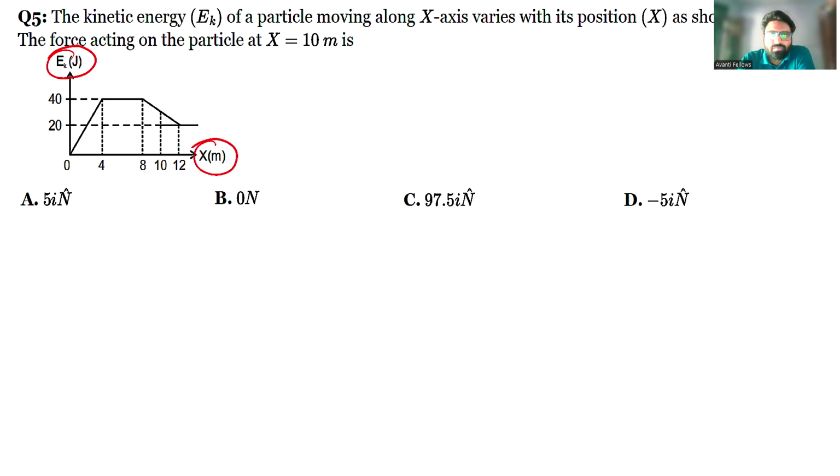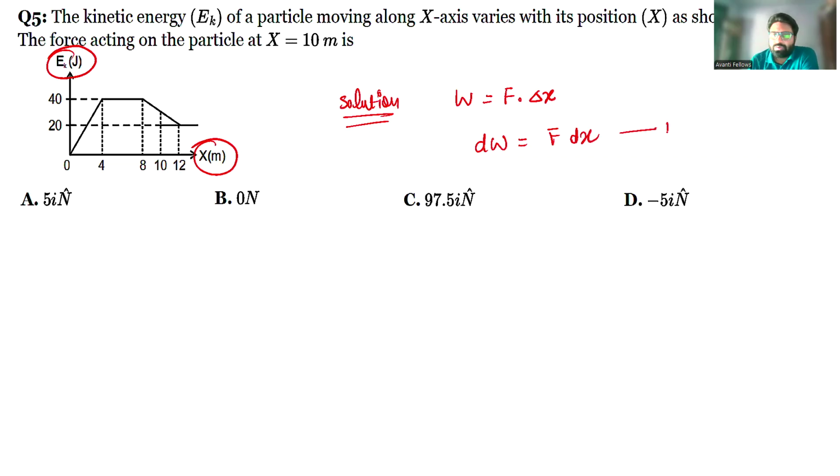Now, how do we find out the force acting on the particle at x equals 10? Look, if you remember, we can say that work done is nothing but force into displacement. Or if we are talking about a very small work, you can write it as F dot dx.